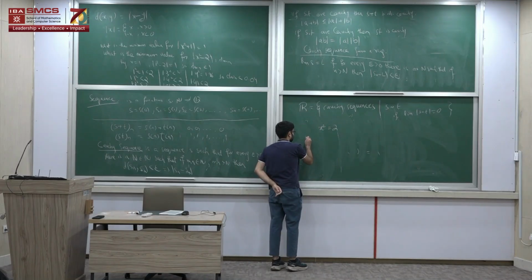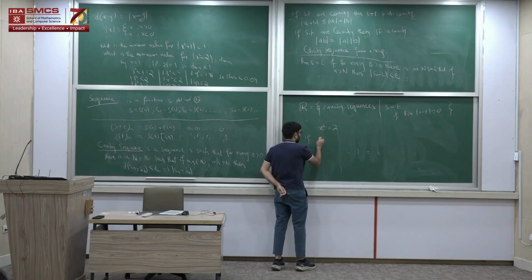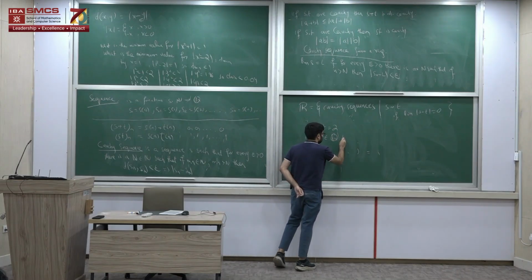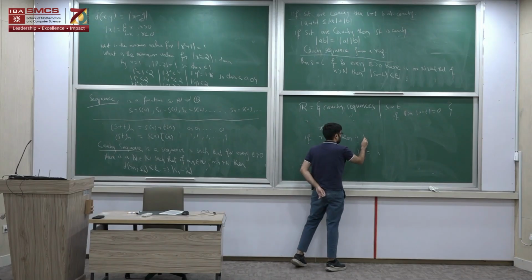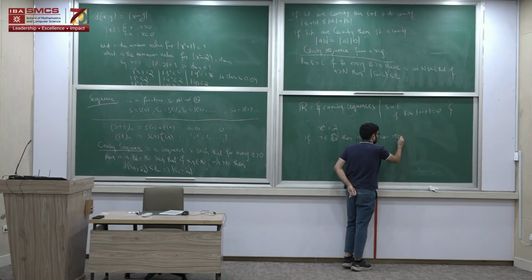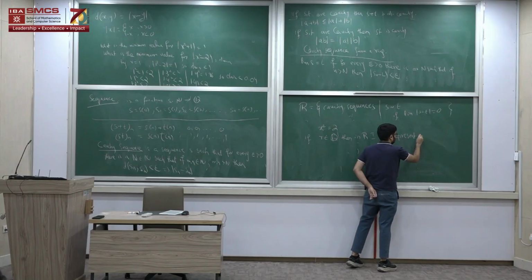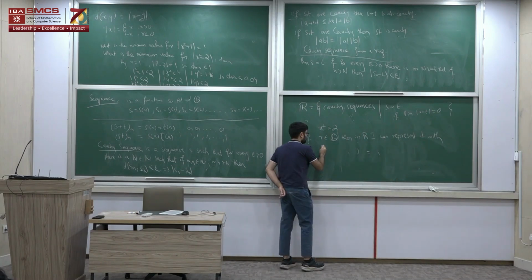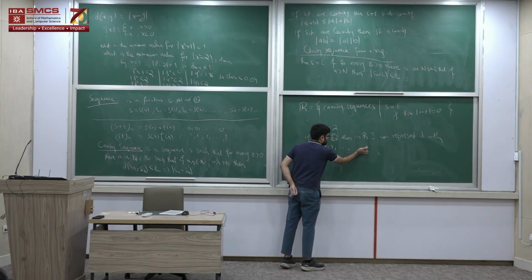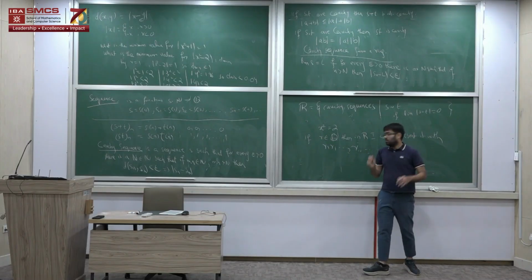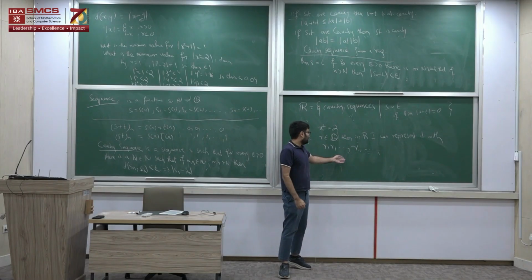So let us say R is a rational number, then I can represent it with the sequence all of whose elements are R. My only element is R, and it is definitely Cauchy.